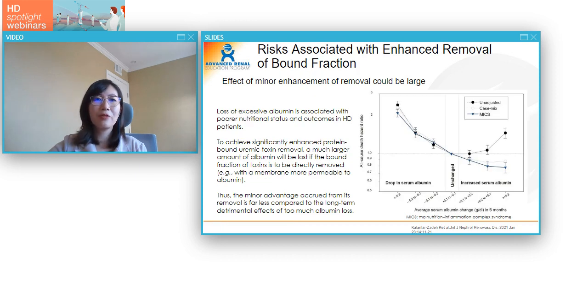So since the free fraction has so many issues in being removed, what about removing the bound fraction of protein-bound uremic toxins? Well, that means you have to remove the carrier, the protein, the albumin. The cost of directly removing it may not be affordable. As you can see, it's well known that a loss of albumin is not favorable for patient outcomes, and this may not be suitable for all patients.